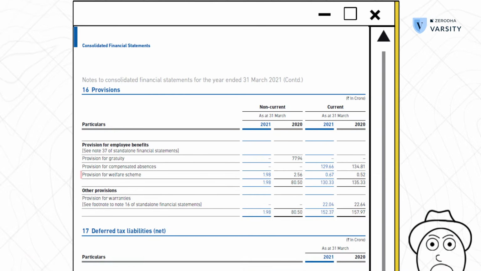As I can see, it consists of provisions made for welfare schemes and provisions made for compensated absences. It also includes warranties, which I'm guessing are claims on the bikes that they've sold. All these things put together form the long-term provisions of Bajaj Auto, which is what is mentioned on the non-current side of the balance sheet.